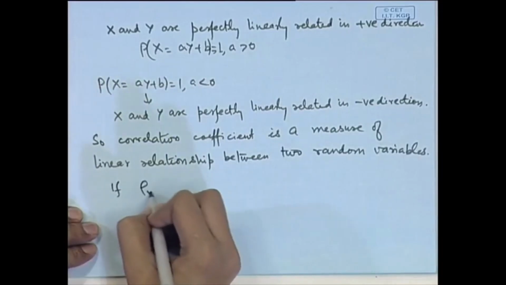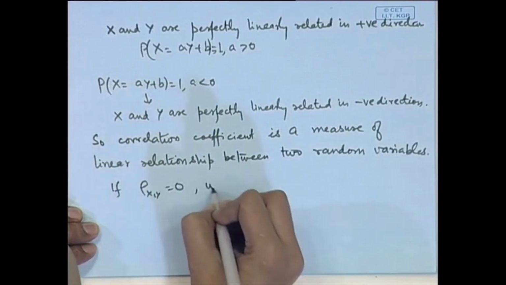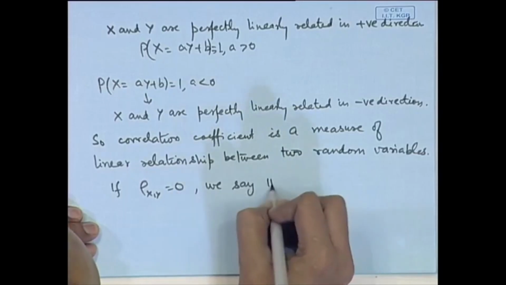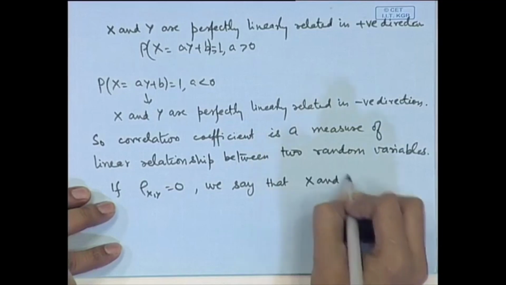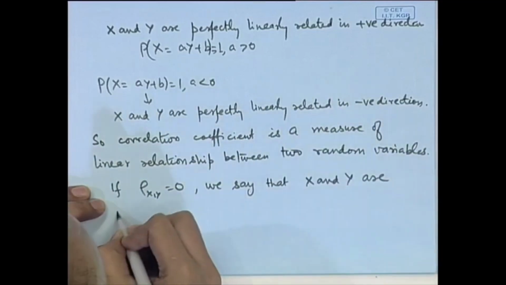If rho x y is 0, we say that x and y are uncorrelated.